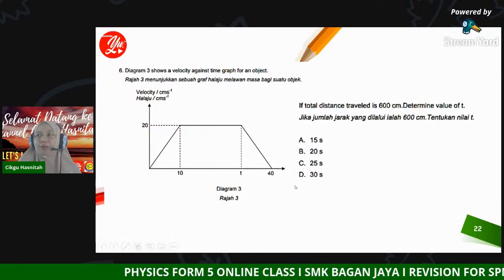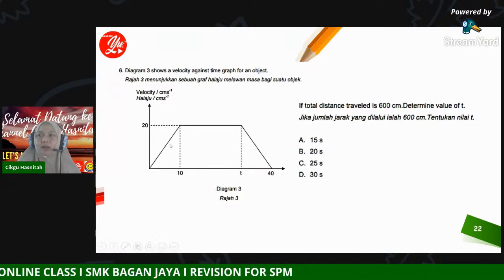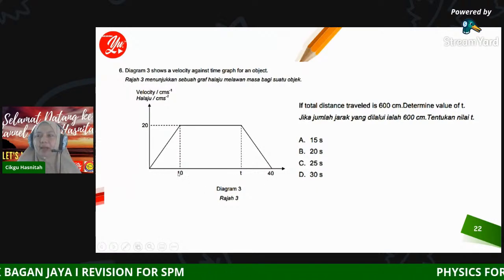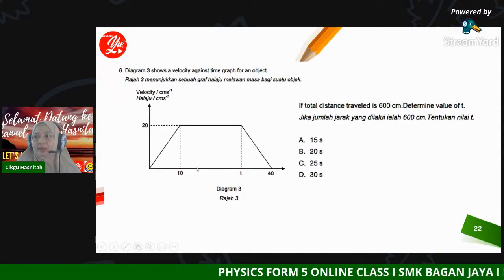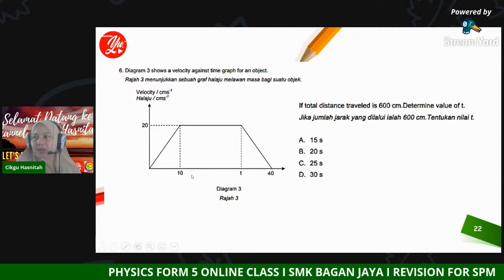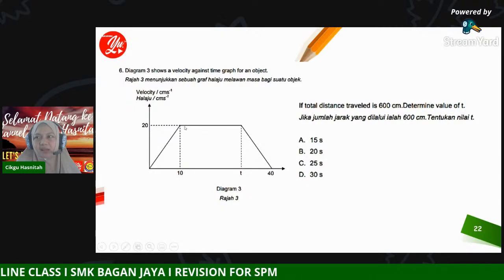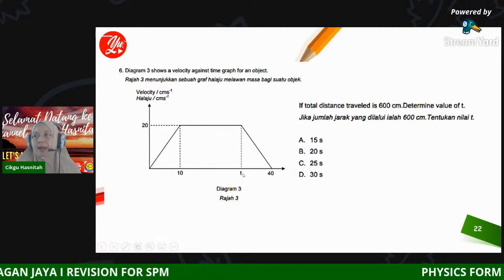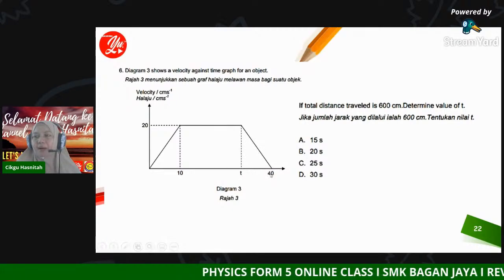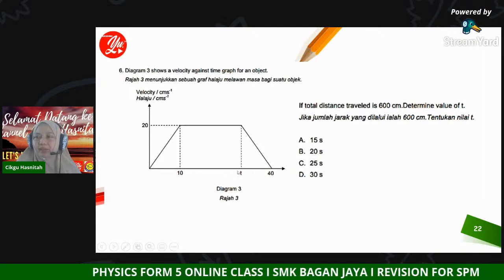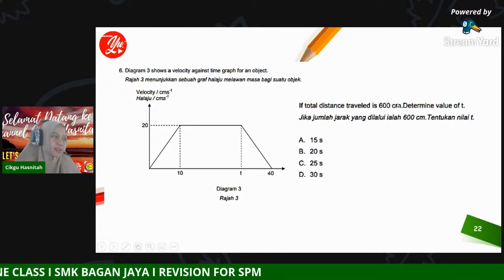So what you do? Half multiplied by 10 multiplied by 20, plus the rectangle, t minus 10 multiplied by the height 20, plus the area of this triangle, half multiplied by 40 minus t multiplied by the height 20, equals 600.